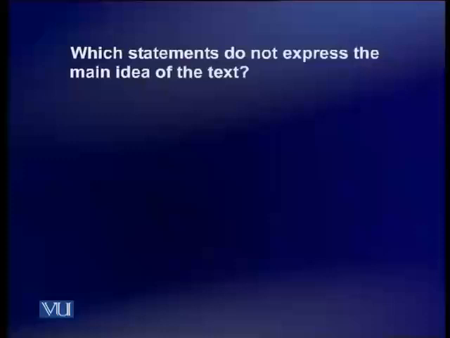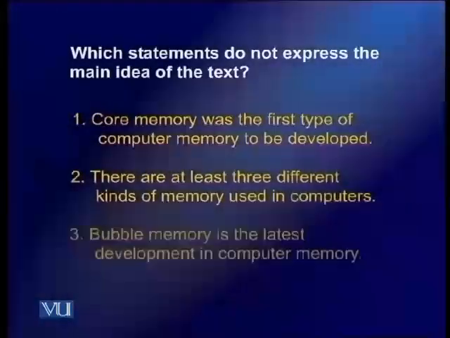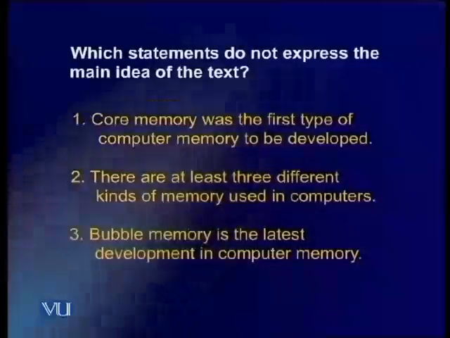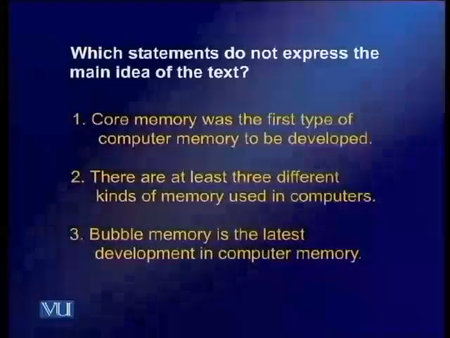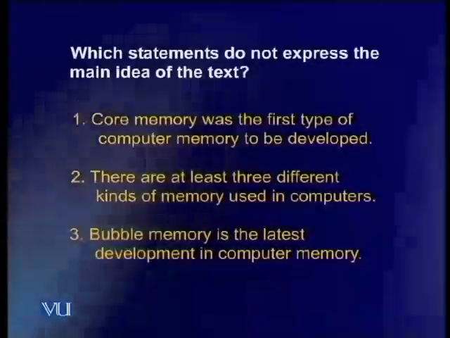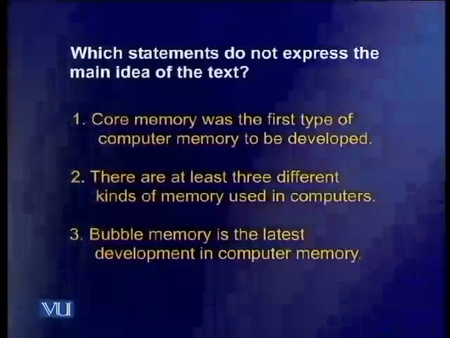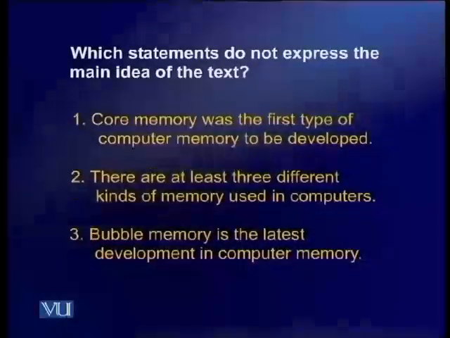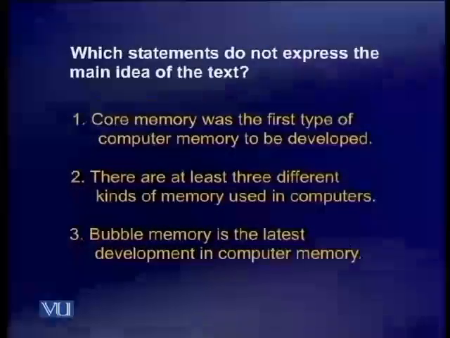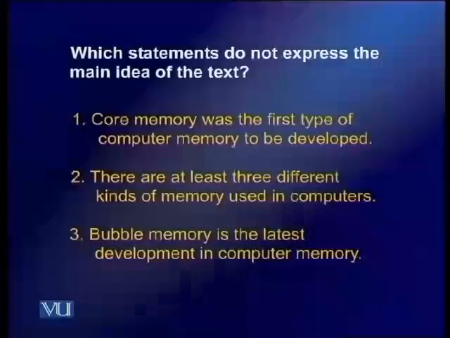Statement number 1. Core memory was the first type of computer memory to be developed. Number 2. There are at least 3 different kinds of memory used in computers. Number 3. Bubble memory is the latest development in computer memory. Now, out of these 3 statements, which one expresses the main idea of the text? Number 1, number 2, or number 3?